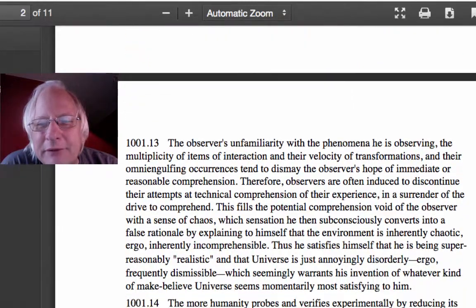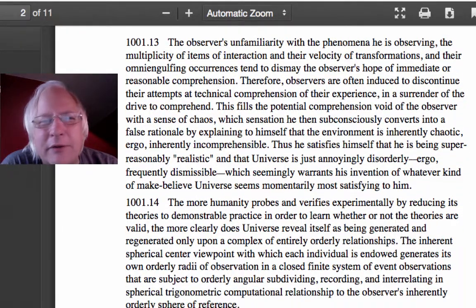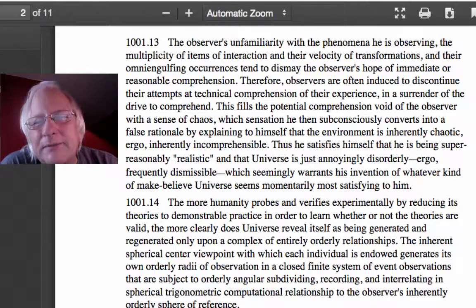The observer's unfamiliarity with the phenomena he is observing, the multiplicity of items of interaction and their velocity of transformations and their omni-engulfing occurrences tend to dismay the observer's hope of immediate or reasonable comprehension. Therefore, observers are often induced to discontinue their attempts at technical comprehension of their experience in a surrender of the drive to comprehend.